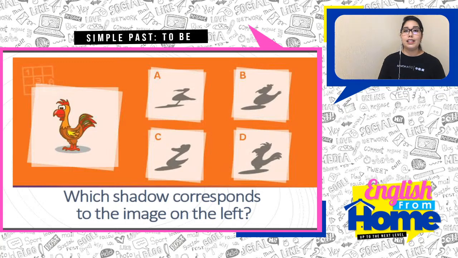Which one do you think is the shadow? We have 4 different options, okay? Remember, you can type it in the chat box and I'm going to be reading the answer. Don't forget, you have to write either A, B, C, or D in the chat box.